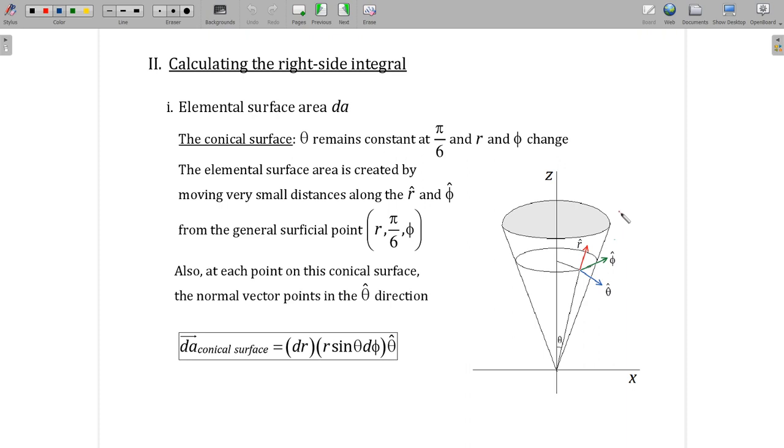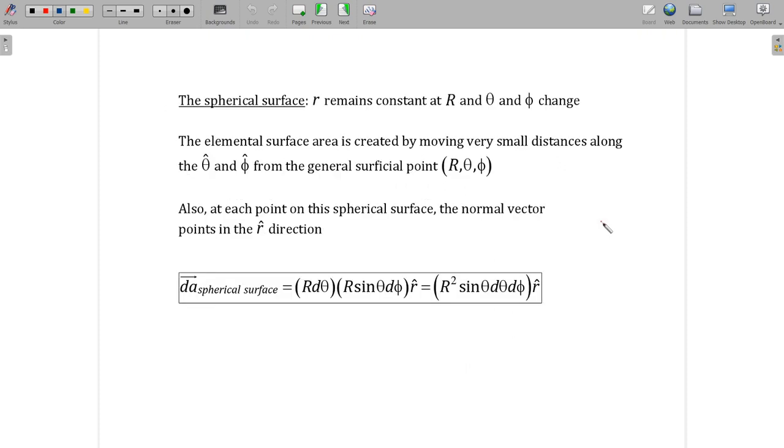But at any point here, the direction in which you have to move so that you're moving perpendicular to the surface at that point is r cap. It's very similar to the previous situation: because this surface is defined by r equal to constant, moving in a direction which changes r is essentially moving perpendicular to the surface.